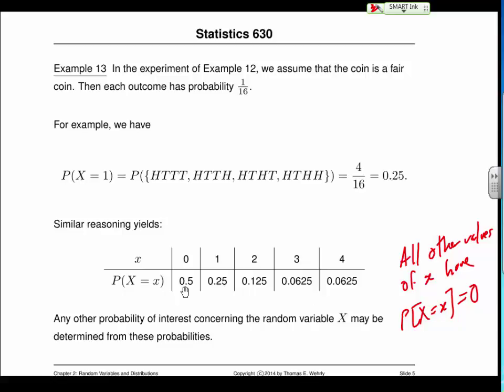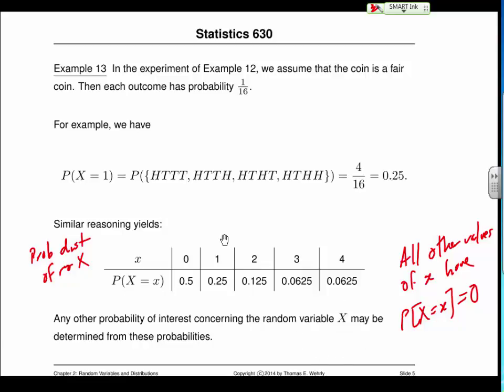This is what we're going to be calling the probability distribution of the random variable x. And once we've specified this, we can find any probability of interest concerning the random variable x.